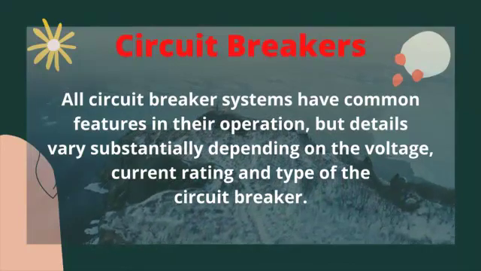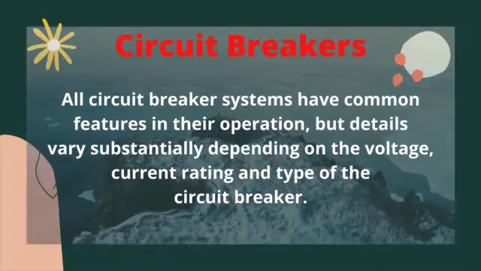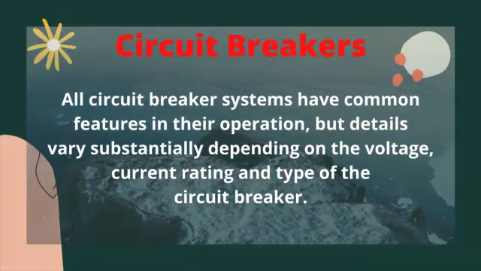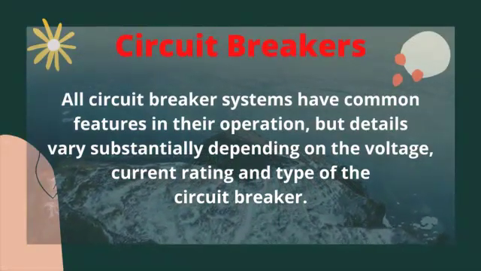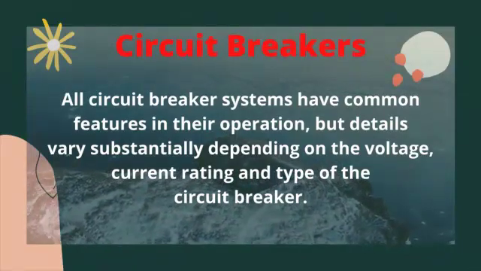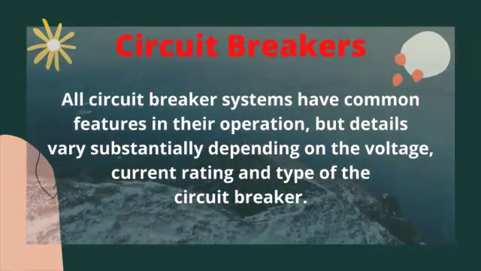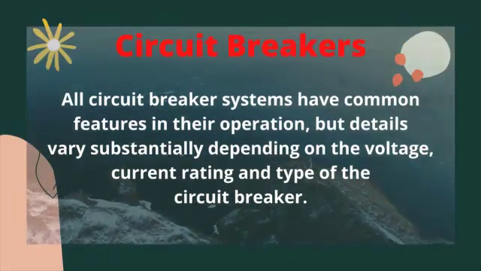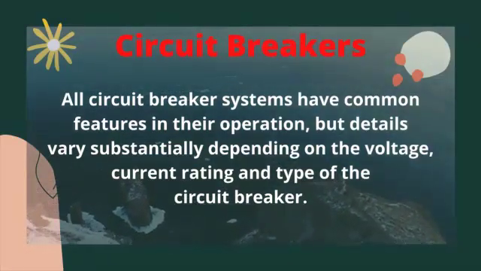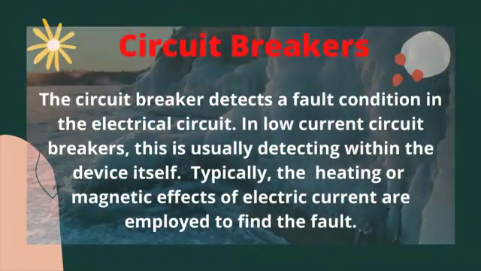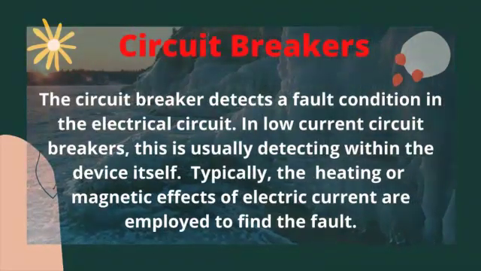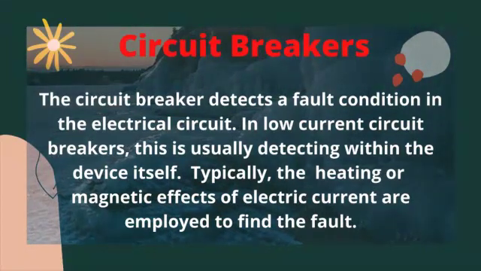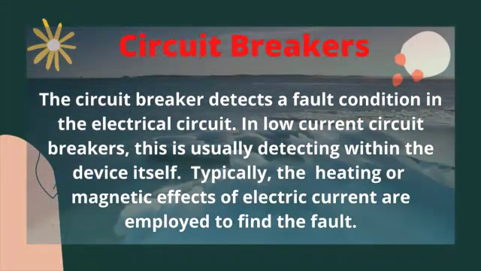All circuit breaker systems have common features in their operation, but details vary substantially depending on the voltage, current rating, and type of the circuit breaker. The circuit breaker detects a fault condition in the electrical circuit. In low current circuit breakers, this is usually detected within the device itself.